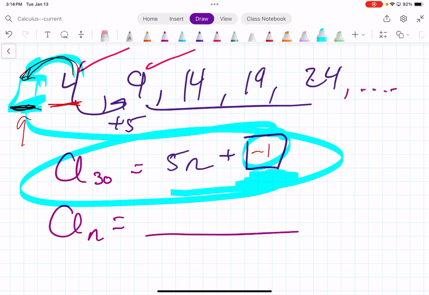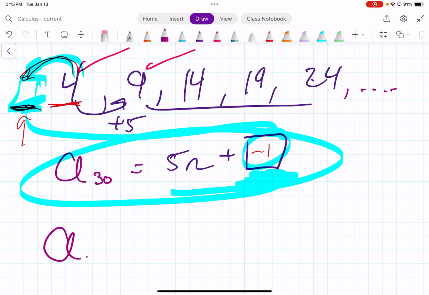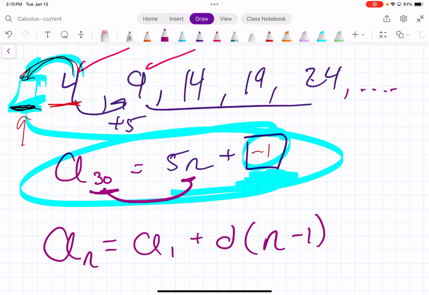But I want to maybe produce another statement here. And so you should be able to convince yourself this is true. So a sub n, so here if I want a sub 30, I can put a 30 in, life's good, right? Get our answer. So what if I wrote this, can you convince yourself that this is true? So a sub n is equal to a sub 1 plus d times n minus 1.